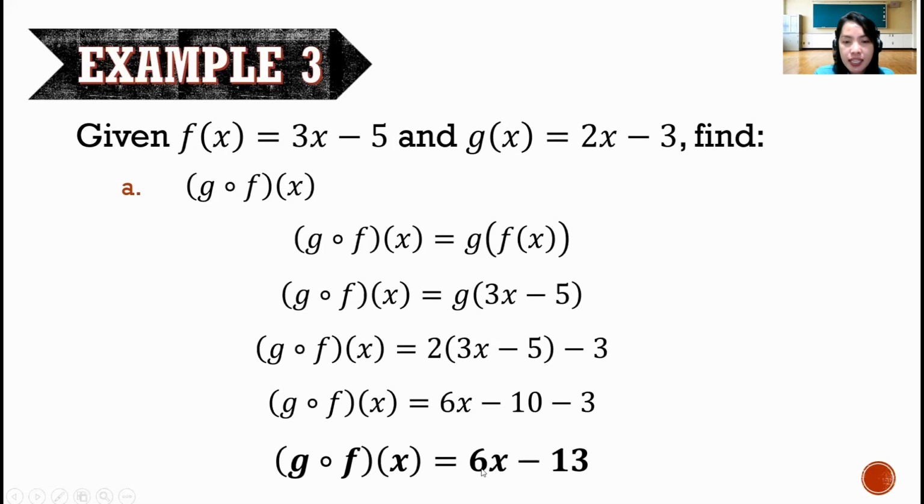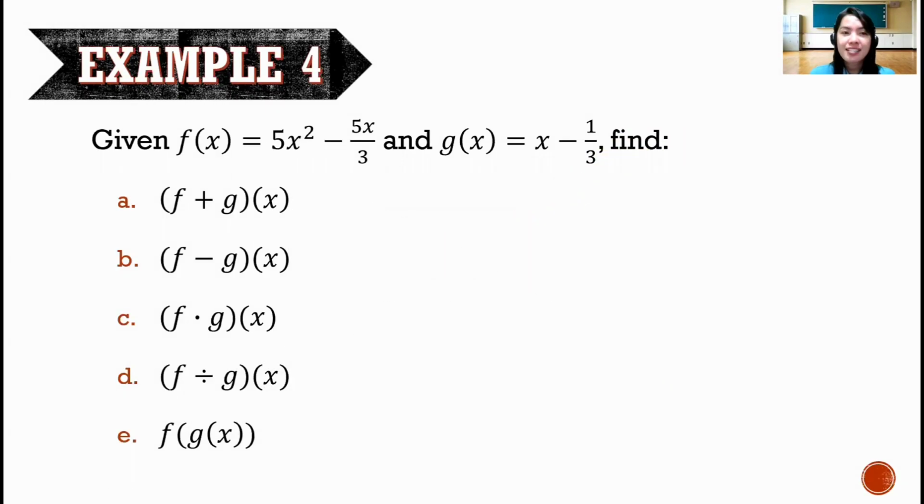Simplify, we have 6x, negative 10 minus 3, same sign. So you're going to add the numbers 10 and 3, then copy the negative sign. Final answer, g of f of x, that is equal to 6x minus 13.